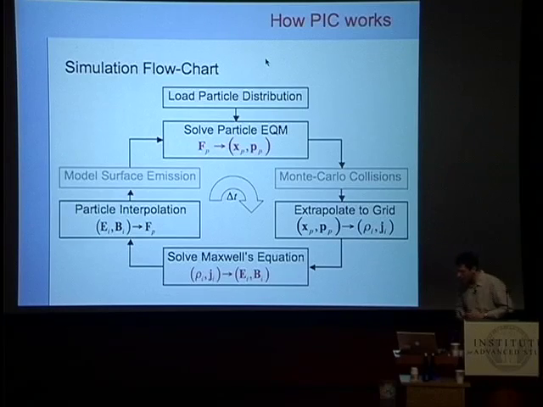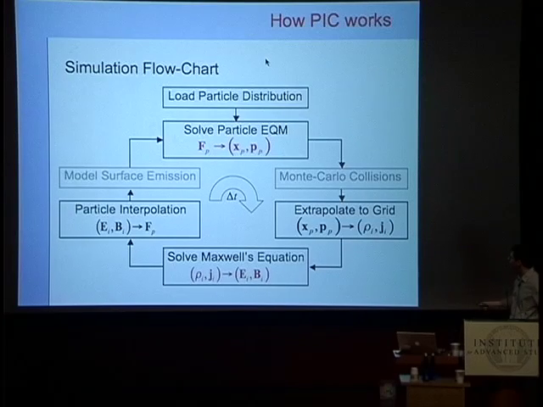OK, so the typical simulation flow is sort of like this. You load your particle distribution. You push the particles according to the electromagnetic fields that are on the grid. Then, given the new locations and velocities of the particles, you compute the charges and the currents on the grid.